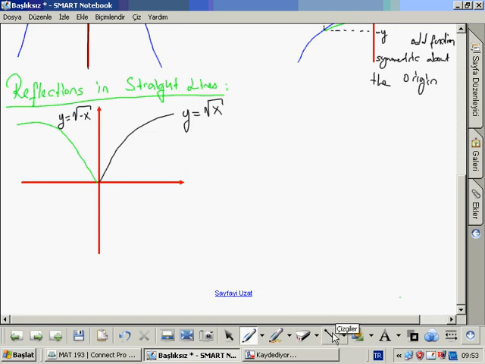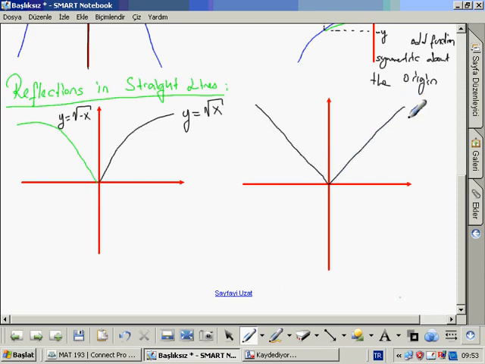And let me sketch another one, which is y equals absolute value of x, and this green pen will be minus y equals absolute value of x.